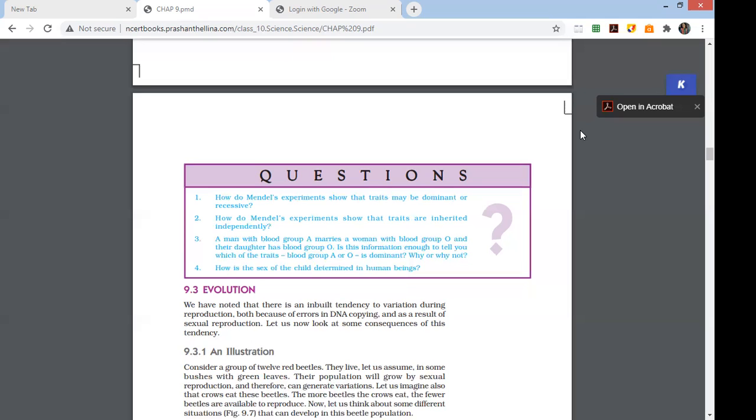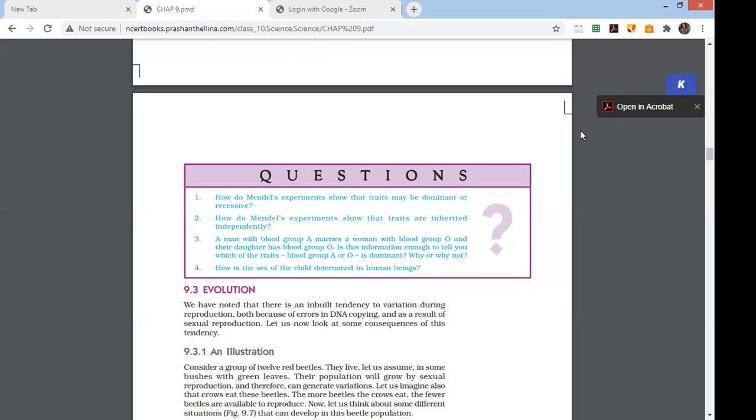Remember, student, to reach the conclusion whether a trait is dominant or recessive, we have to keep 3 points in mind. Number 1, parents should be pure breeding or homozygous. Number 2, traits should be contrasting. And number 3, there should be a cross between the two.